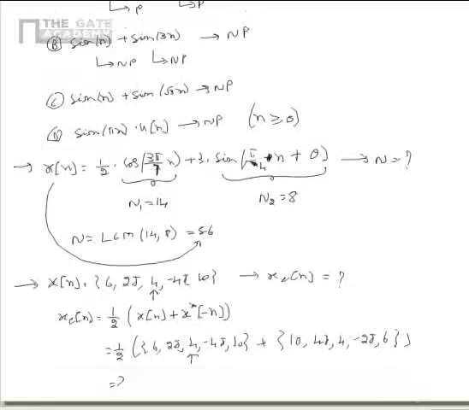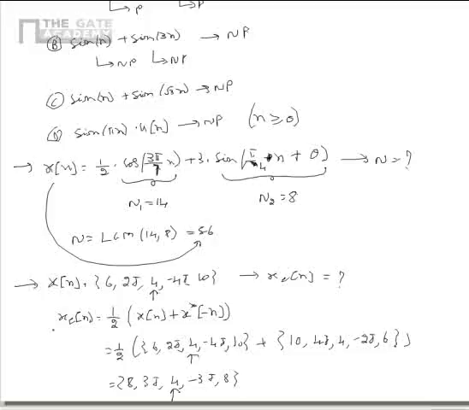This upon simplification becomes 8, 3j, 4, minus 3j, 8, where the value 4 corresponds to the instant n is equal to 0.